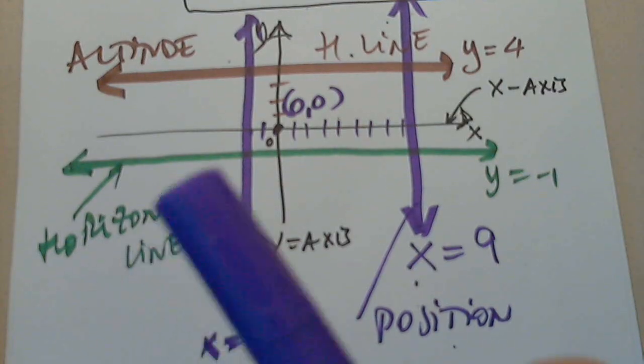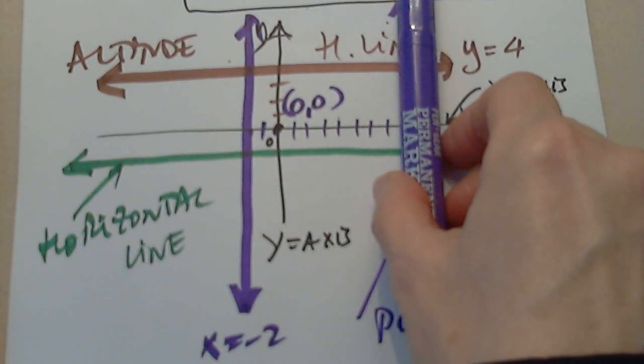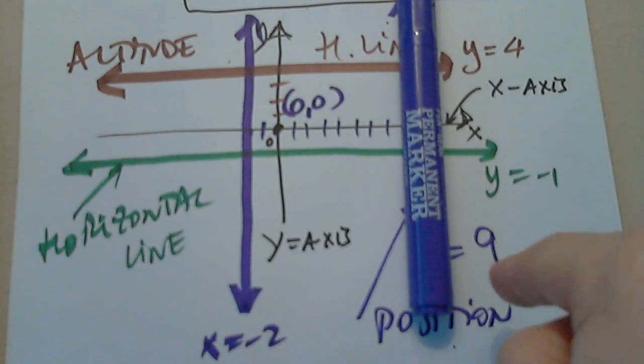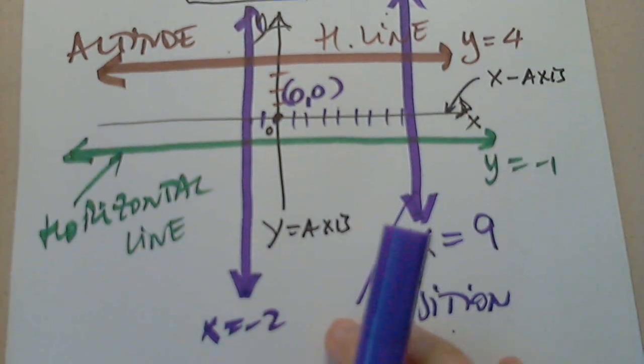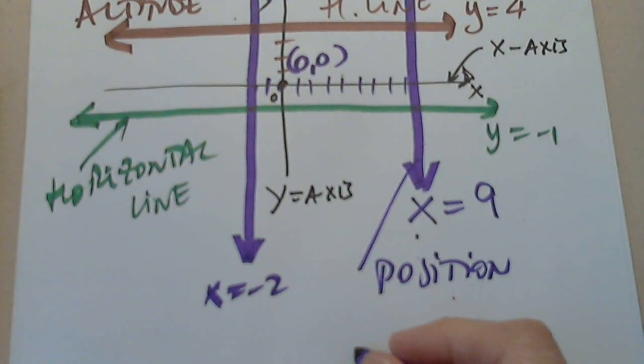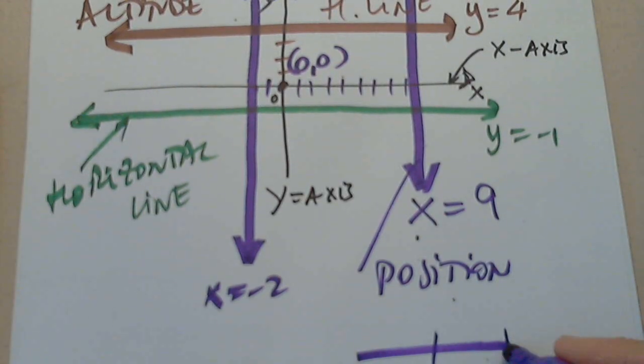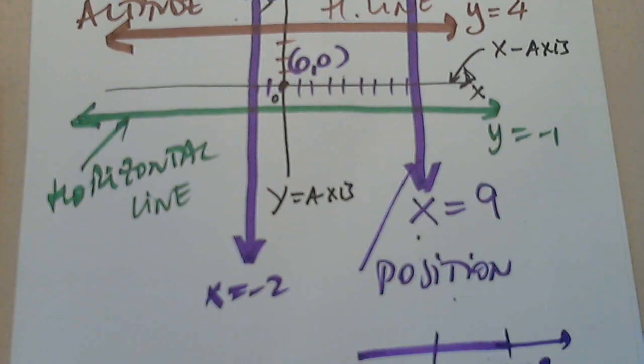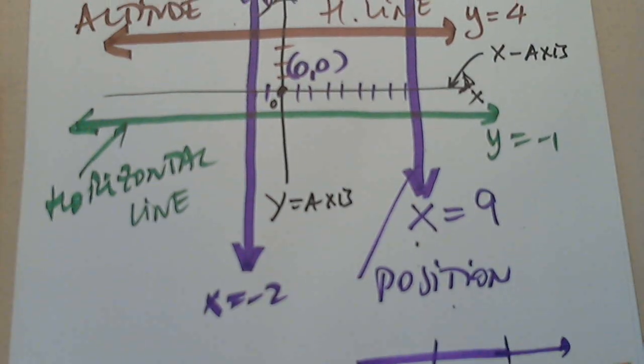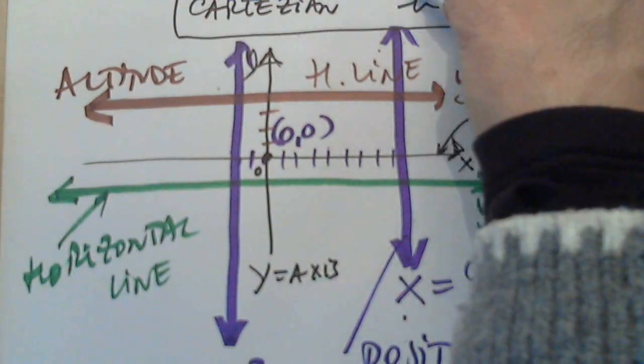So coming back to the position for a second, this is a vertical line, only x. We're not talking about a real line here. We're talking about the coordinate system.